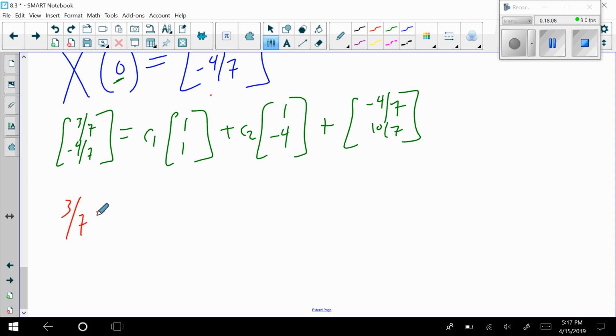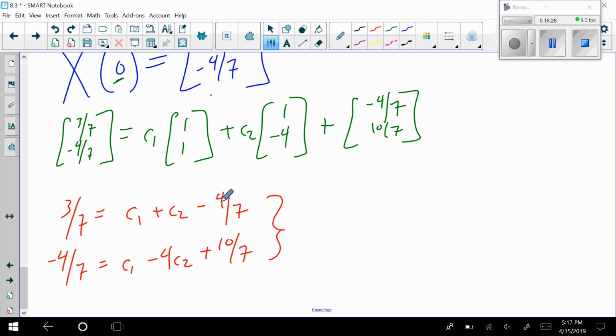This is 3 sevenths equals c sub 1 plus c sub 2 minus 4 sevenths. And this other one would be a negative 4 sevenths equals c sub 1 minus 4 c sub 2 plus 10 sevenths.